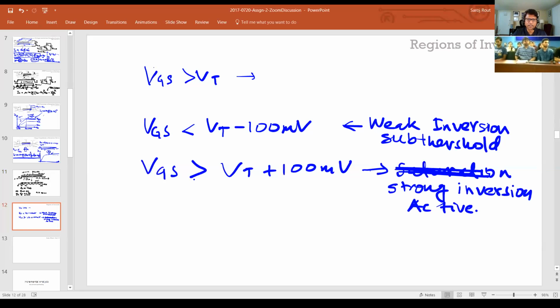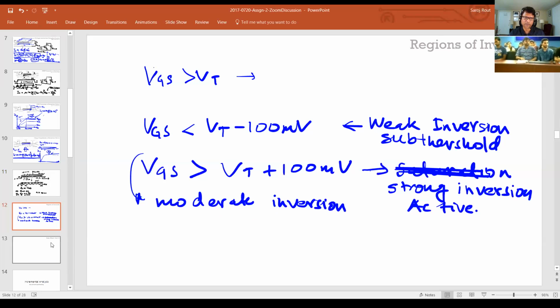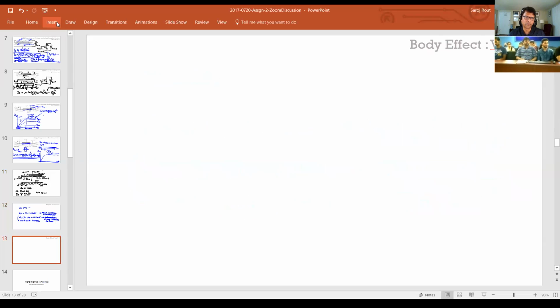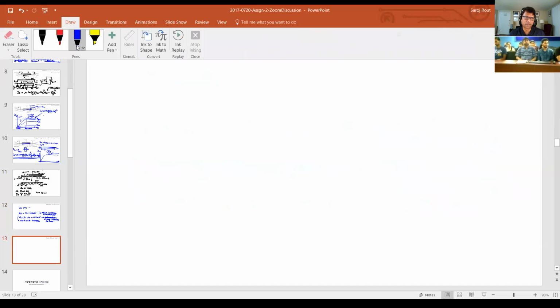Okay. And in between this is just called moderate inversion, right? So just remember this, there's nothing quantifying here. So when we start designing, it'll become more clear, like when you want to operate in saturation, active, or subthreshold. It's just enough to know.